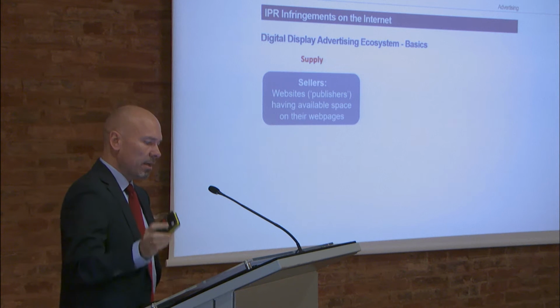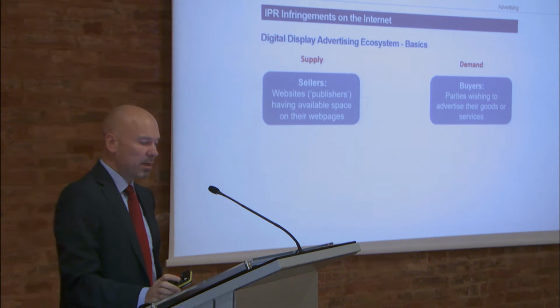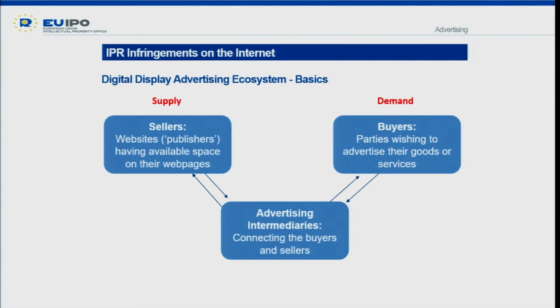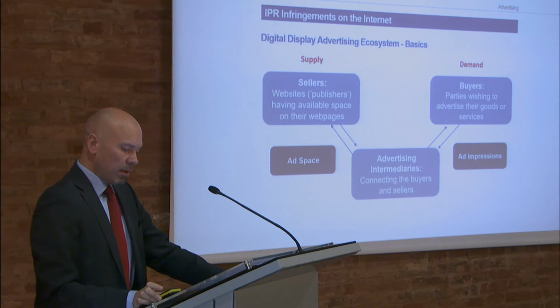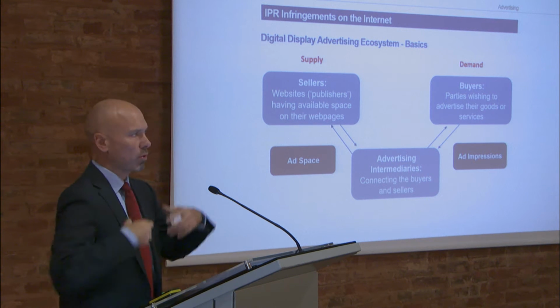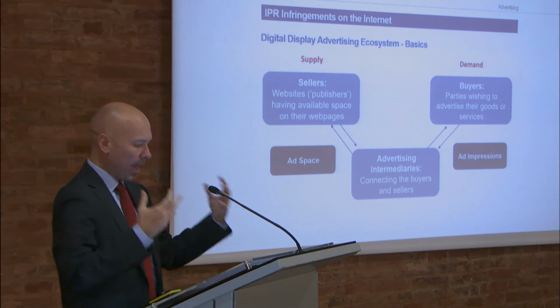So basically, we have a supply and demand, people who want to advertise and people who want to place advertising on web pages. This has become one of the most important ways to generate income on the internet. And technically what we call, when someone is providing a space on the web page, it's called ad space.